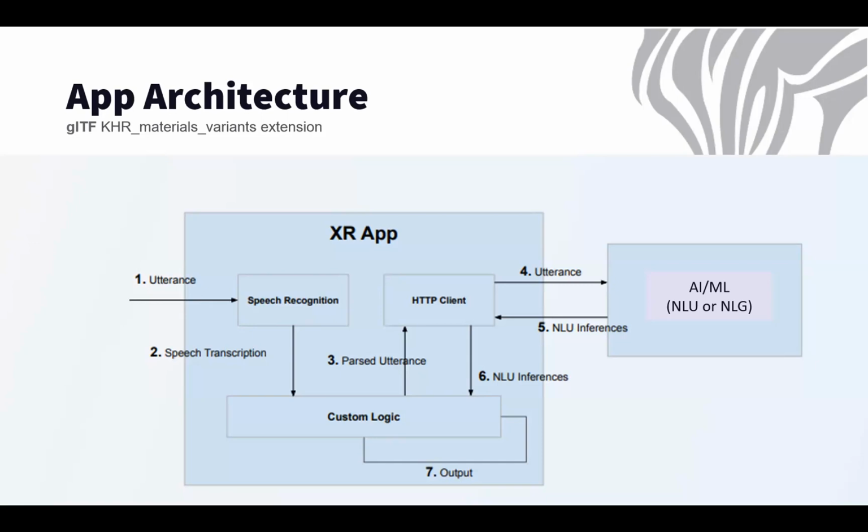So here for natural language generators, there are things like ChatGPT. ChatGPT falls under that category where you ask it something and then it generates text back to you. So all of this can be integrated in an XR environment and be able to use an XR app using voice.